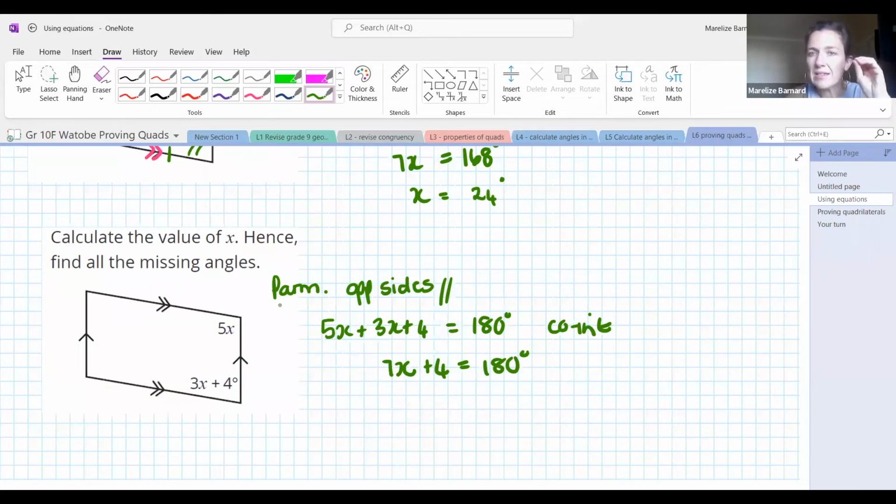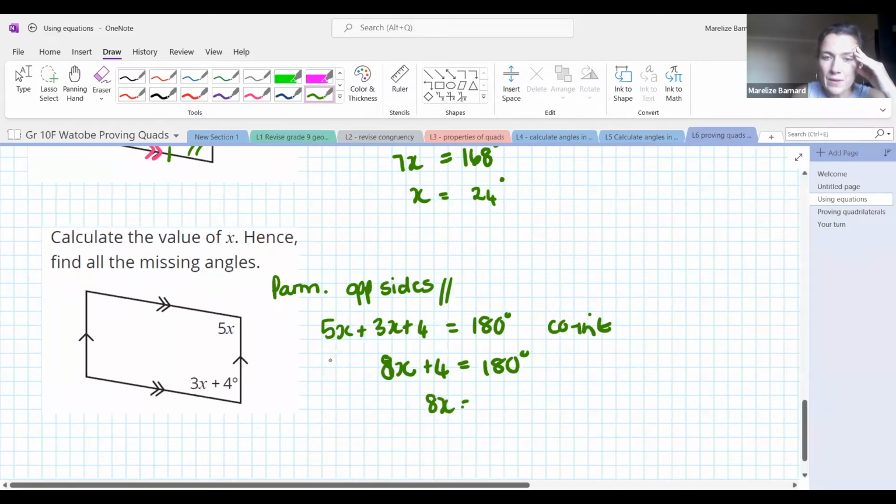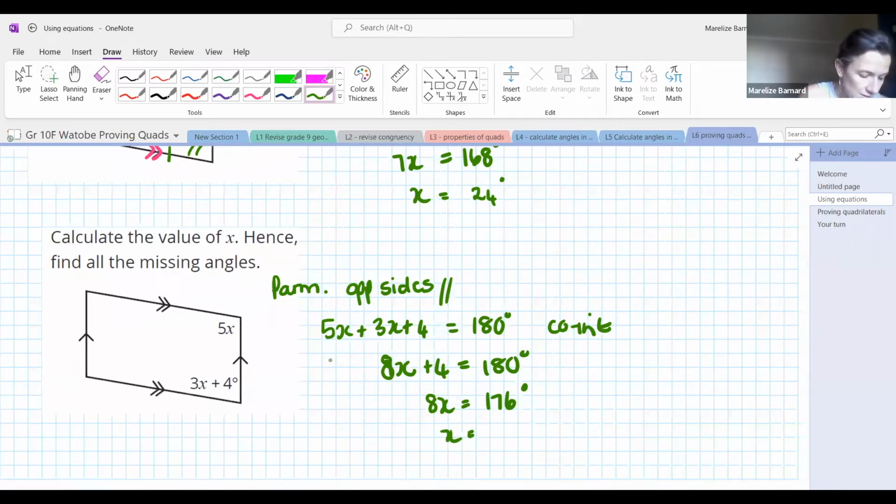Make sure you understand the difference between parallel and equal, because it is not given that the sides are equal. It is given that the sides are parallel. Thanks, Kat. 8x plus 4, and that's 176. And then we're going to divide by 8 and get x equals 22.